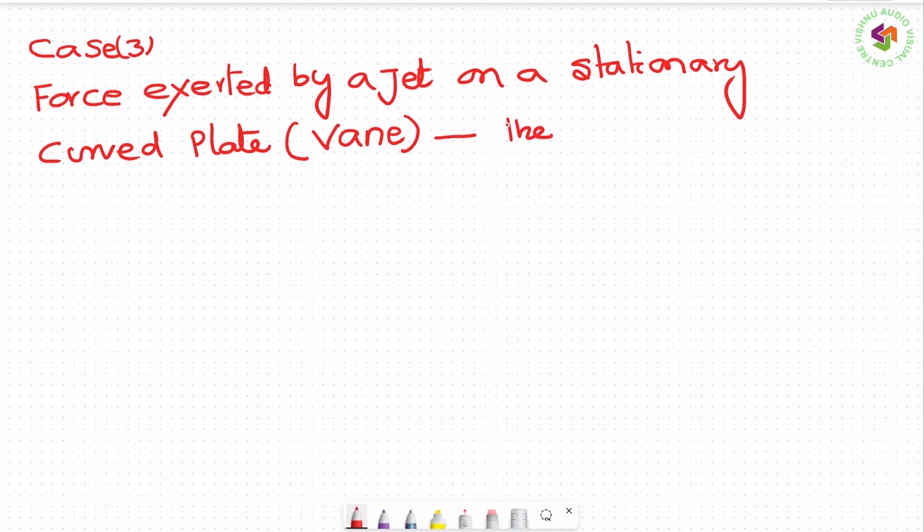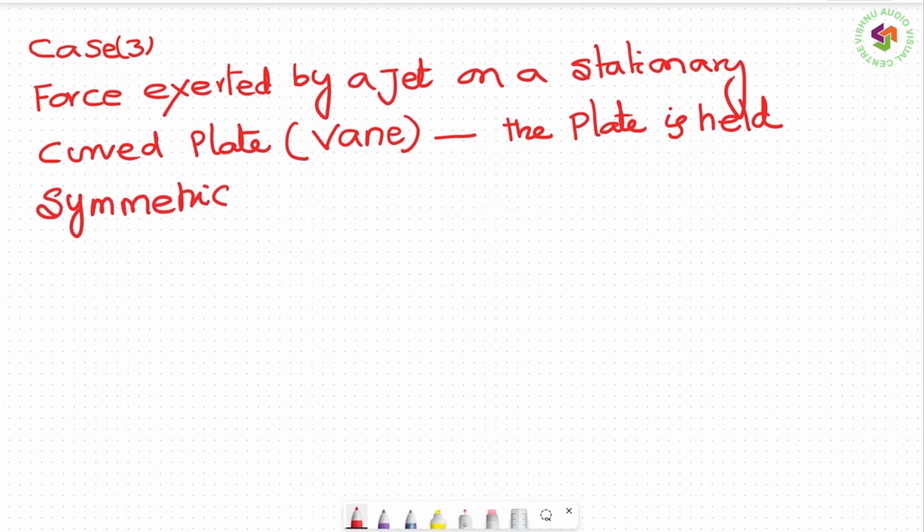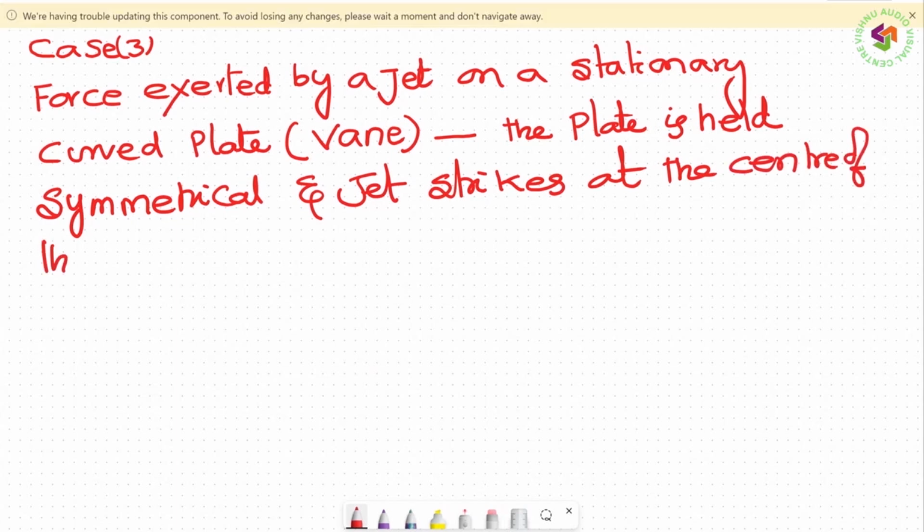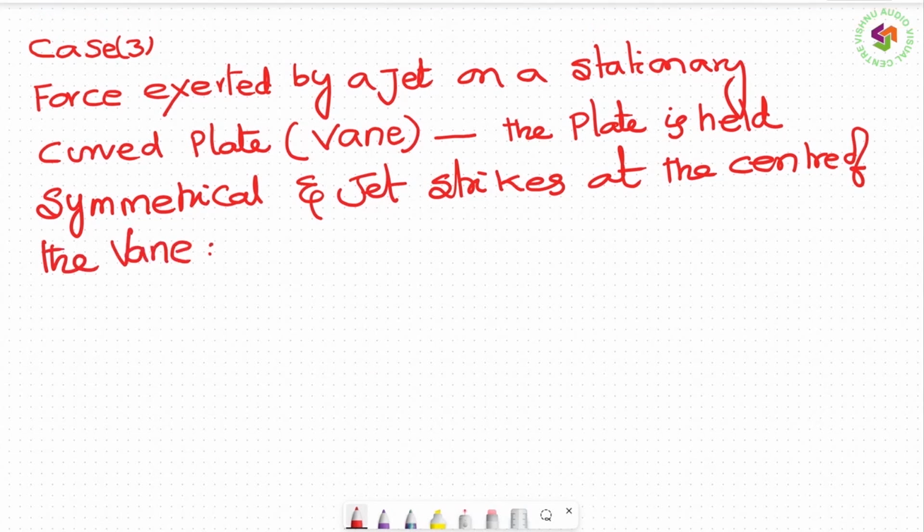The plate is symmetrical, and the jet strikes at the center of the plate. So this is the question.